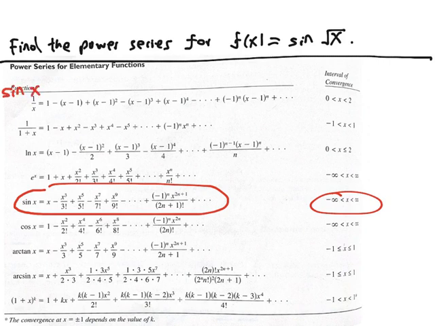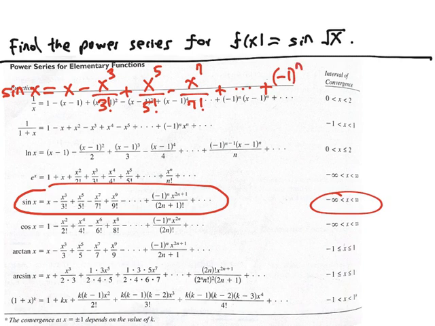So we have sine of x is equal to x minus x cubed over 3 factorial plus x to the 5th over 5 factorial minus x to the 7th over 7 factorial plus and so on until you get to the nth term, negative 1 to the n times x to the 2n plus 1 over 2n plus 1 factorial, and you keep going after that. The interval of convergence is all real numbers.